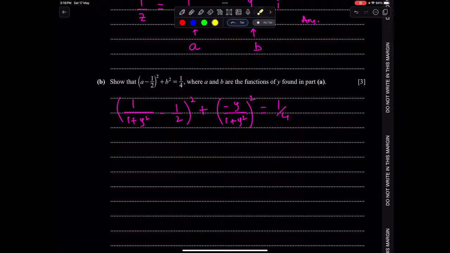Now we have to prove that this entire thing is equal to 1 upon 4, and for that we need to expand both the expansions. So first take LCM, or you can directly expand this.